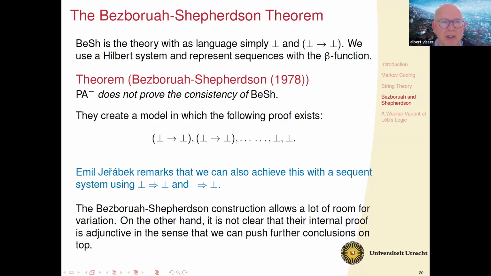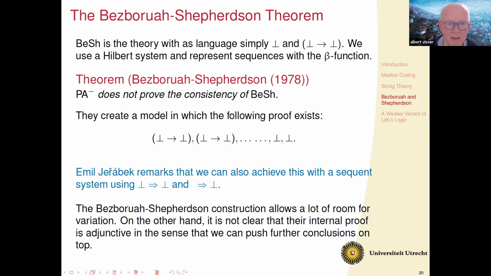So what I call BESH, the Bezboruah-Shepherdson theory, is the theory with a very simple language. It just has two sentences, falsity and falsity implies falsity, and proofs are really proofs in a Hilbert system where we represent the sequences by the beta function.